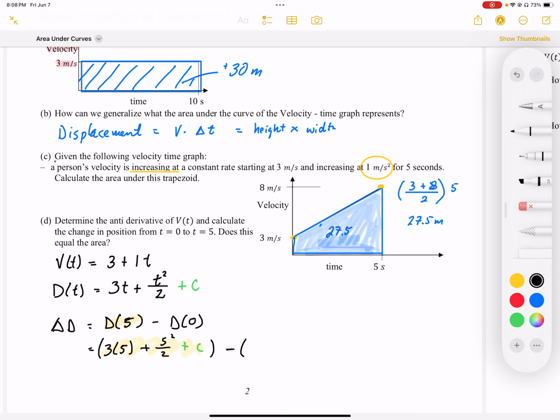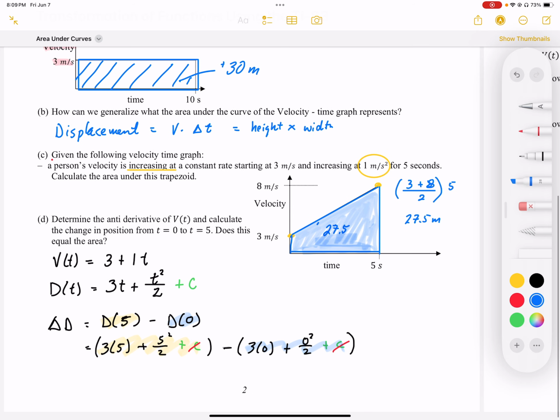When we plug 0 into this function, we get 3 times 0 plus 0 squared over 2. And again, we have to account for the fact that this plus c is involved. But conveniently, these plus c's are going to cancel. Color code this: d of 0 is all this expression in here, and the plus c's are going to cancel.